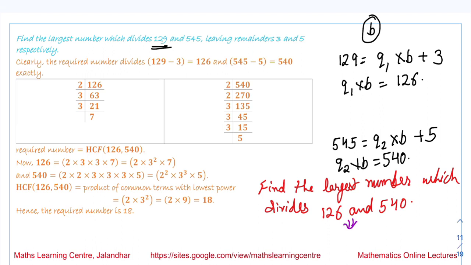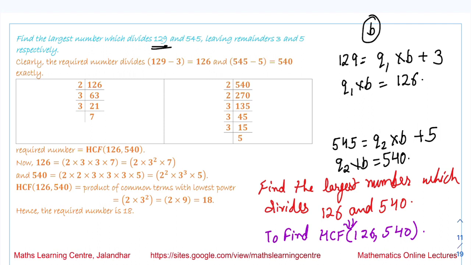This means our problem is to find the HCF of 126 and 540. We have already seen one method to find the HCF. You can use this method, or you can use the previous method also.